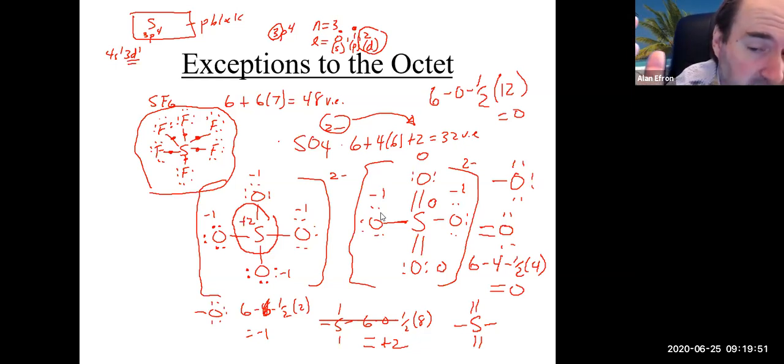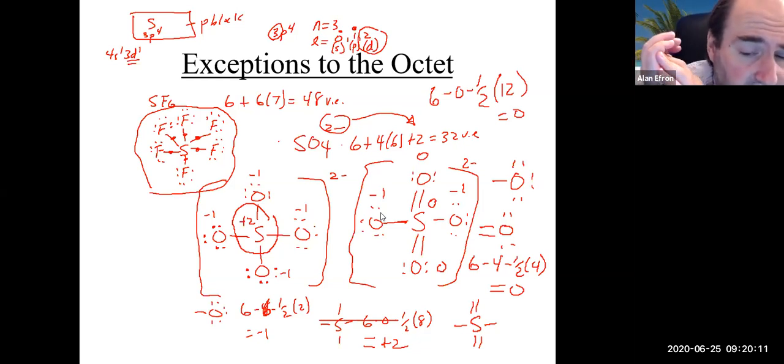By making those double bonds with sulfur, we were able to bring the formal charge of that central atom down to 0. And that makes for a much better Lewis structure than the one on the left.